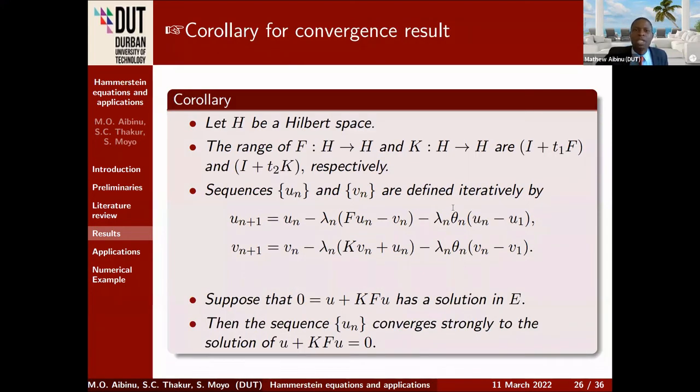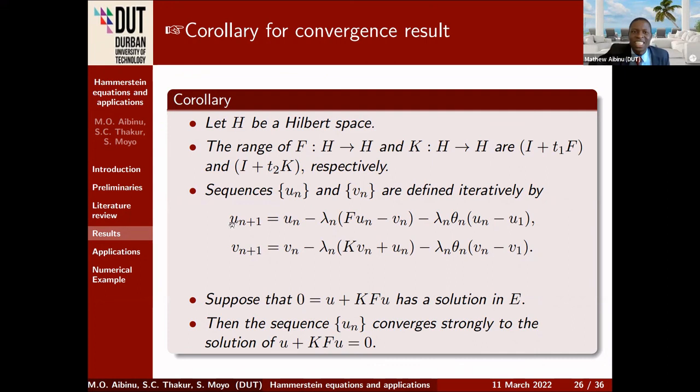And when we come to the Hilbert space, we know that what we have there is the identity map instead of the duality mapping. And that is what makes the form of the two sequences different.